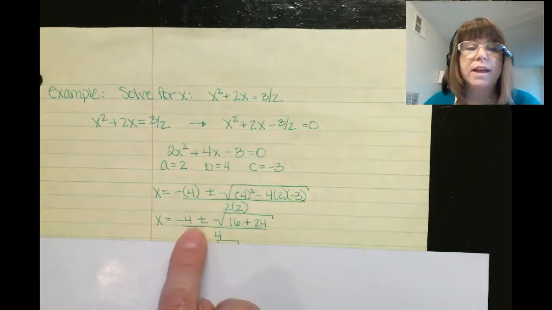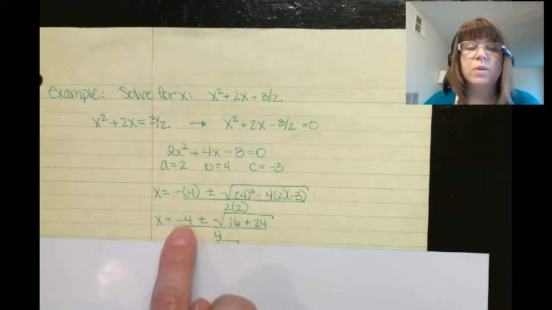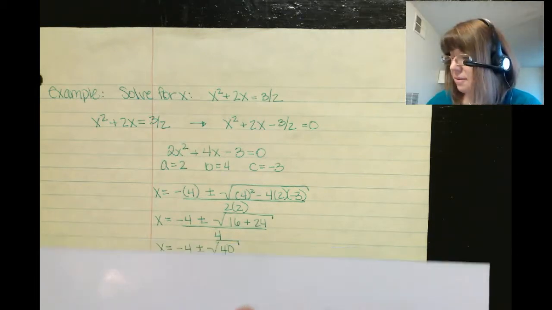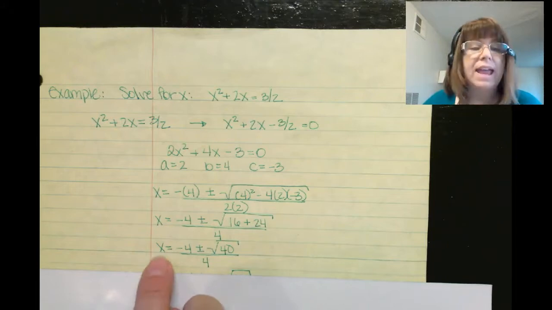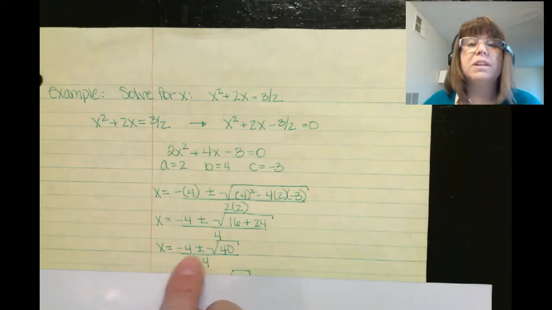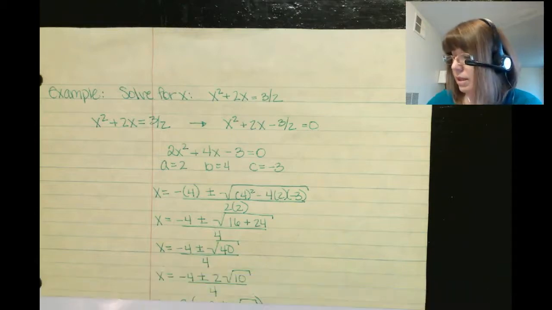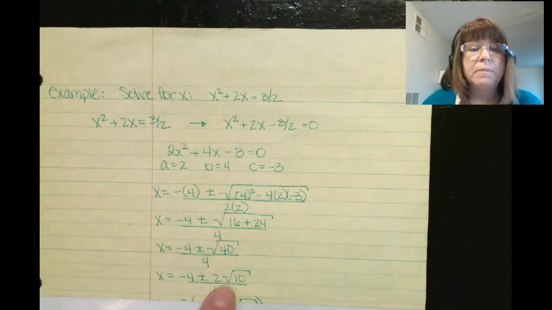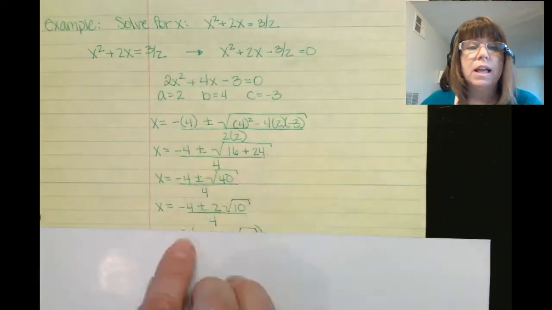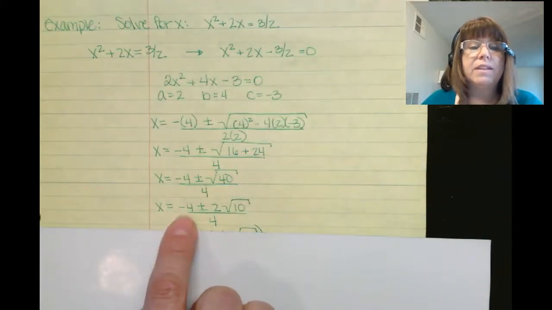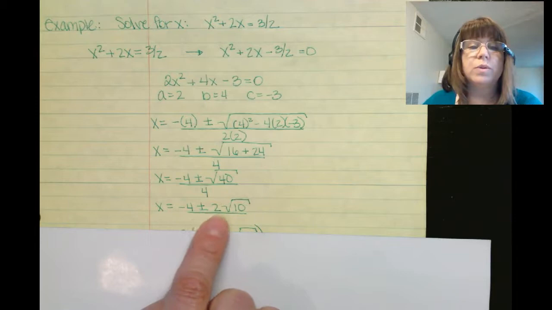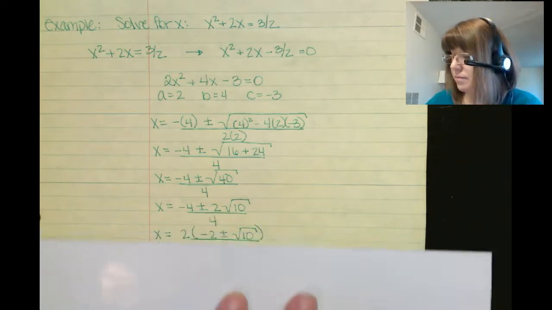No, I can't reduce yet because that's plus or minus, so I can't just cancel out the 4's. Now I have x equals negative 4 plus or minus the square root of 40 all over 4. Simplifying my radical, I have negative 4 plus or minus 2 square roots of 10 over 4.